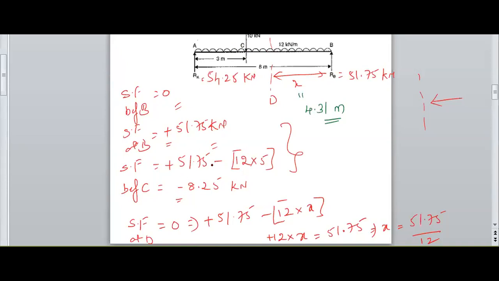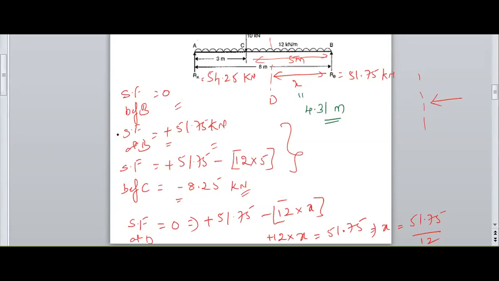positive 51.75 minus the UDL on my right hand side, with a distance of 5 meters. Therefore, 12 into 5 is the shear force on the right hand side of the section. If I calculate the value, it is a negative 8.25.